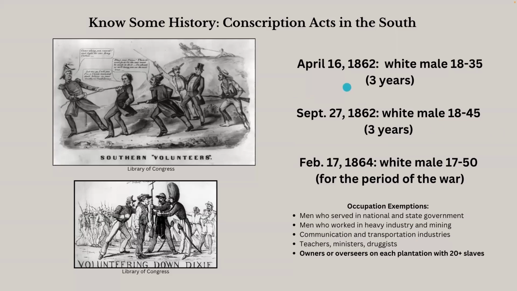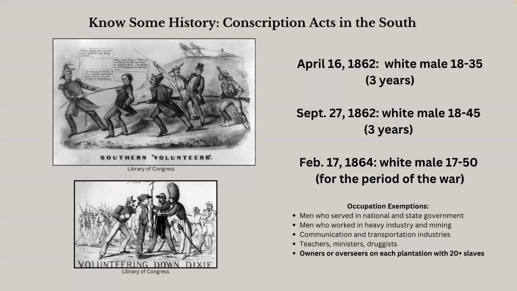Now, the first Conscription Act of 1862 required that all white, able-bodied men between the ages of 18 and 35 would serve for 3 years. The law stipulated that regiments that were in the process of forming had until the 17th of May, 1862 to get organized.